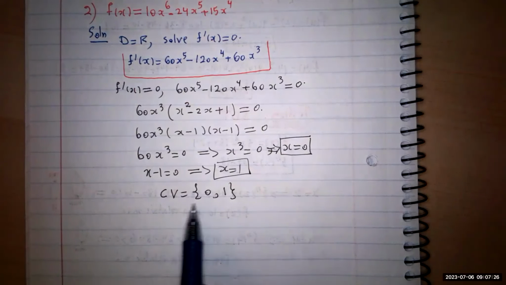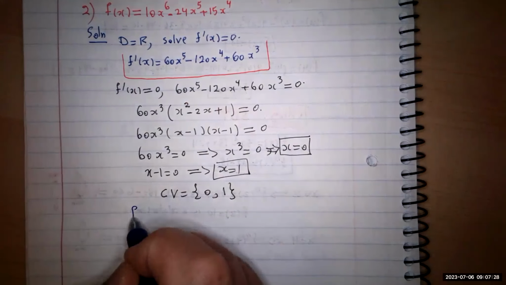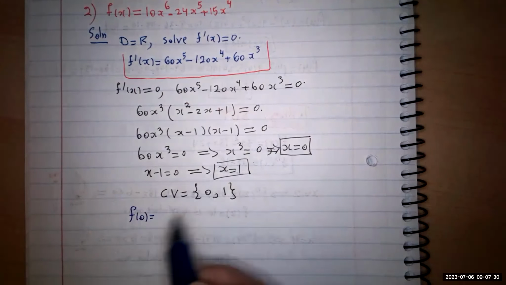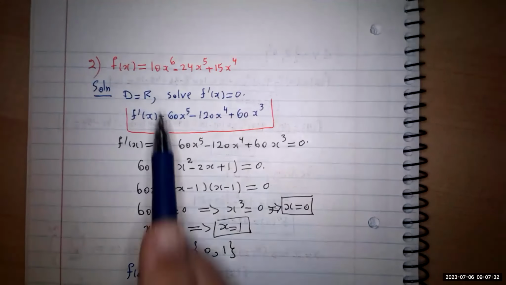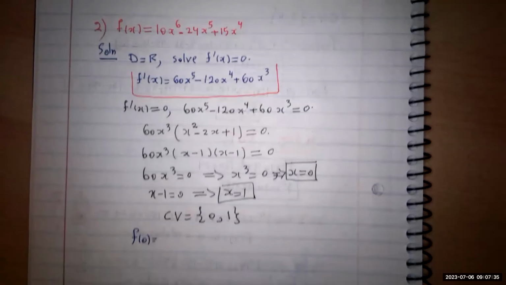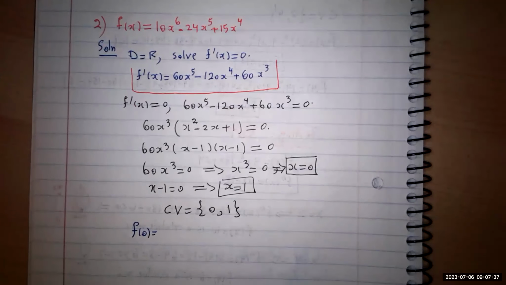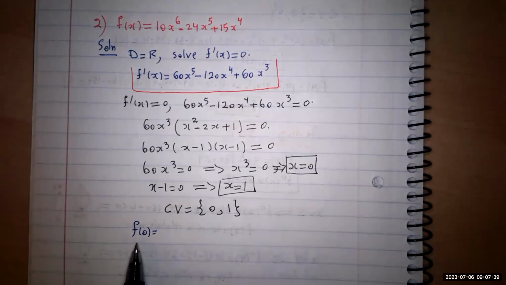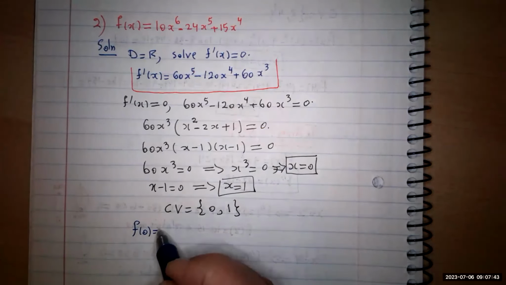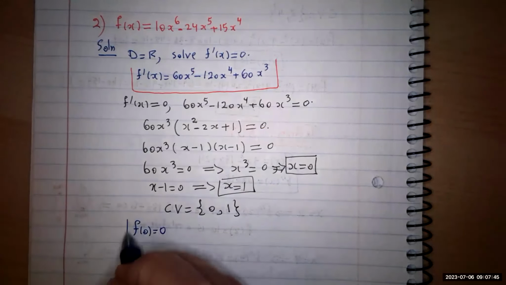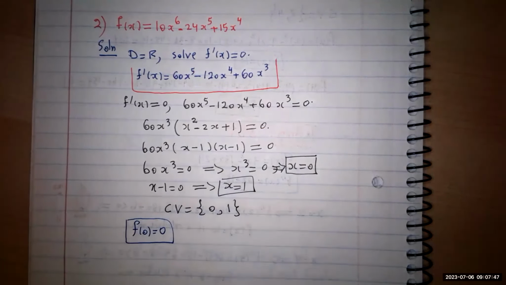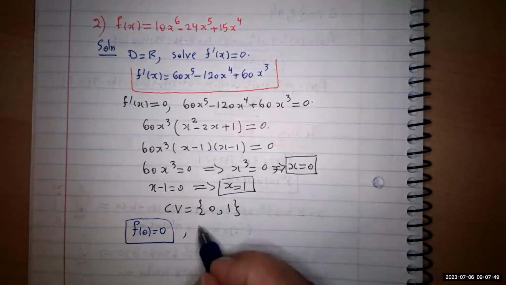Drop it back into the function to get f of 0, the candidate. Remember the value. If you put the 0, you see x, 0, 0, 0, 0, so you won't get anything. If you put x equal to 0, that gives f of 0. Okay, this is the 1. Then if you check the 1, what's f of 1?